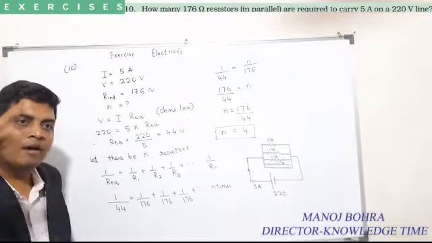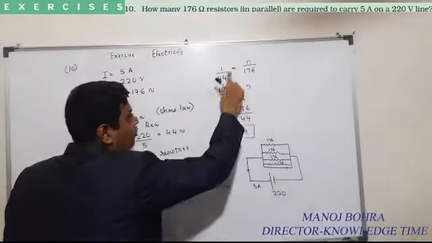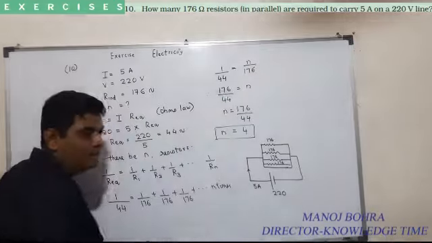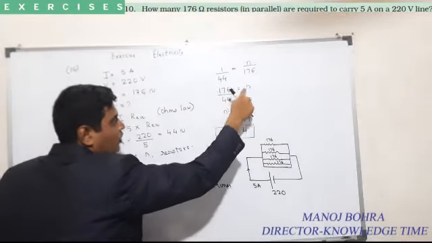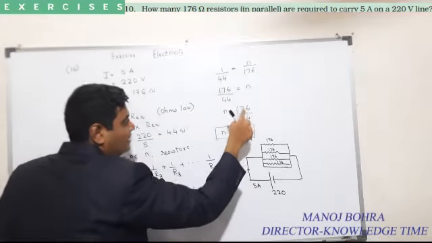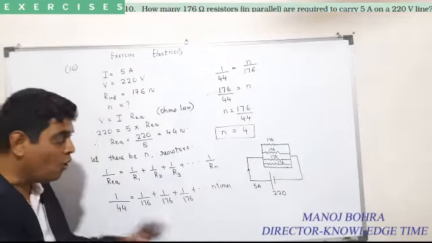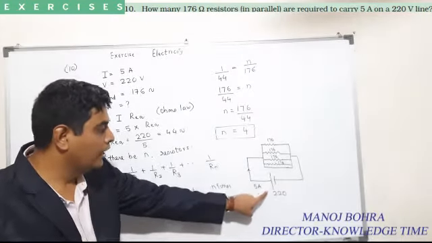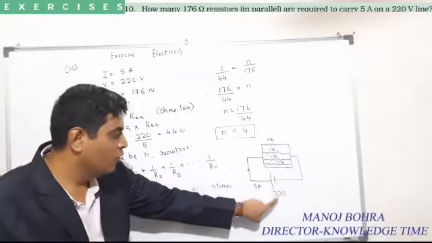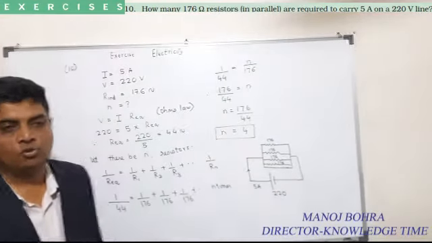So when you add 1 n times, you get n. So you get 1 upon 44 is equal to n upon 176. When you cross multiply, n is equal to 176 upon 44, n is equal to 4. So 4 such resistors are to be connected so that a current of 5 ampere will flow through a circuit of voltage 220 volts.